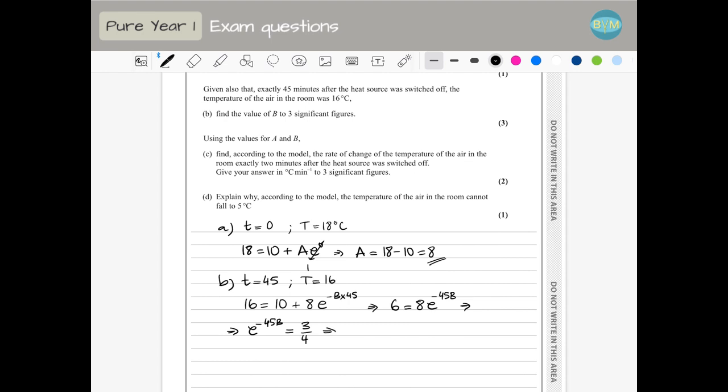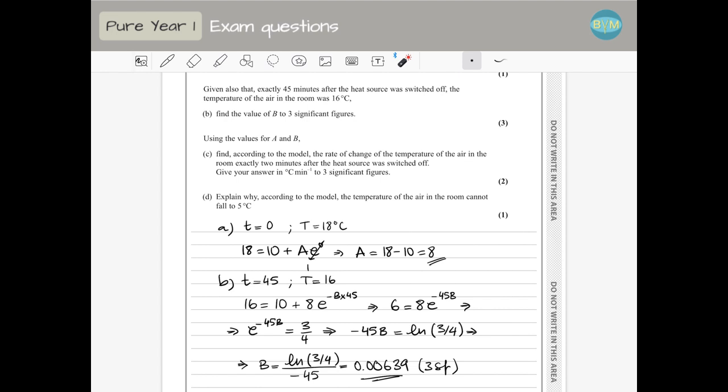If we take logs, we have that minus 45b is going to be ln of 3/4, which means b is ln 3/4, which is negative because it's smaller than 1, divided by minus 45. When you do this with a calculator, you just get 0.00639 to 3 significant figures. Again, it's a constant, so I'm not going to write units.